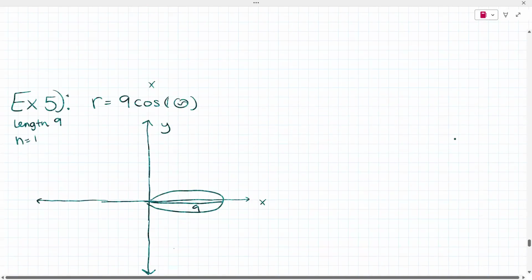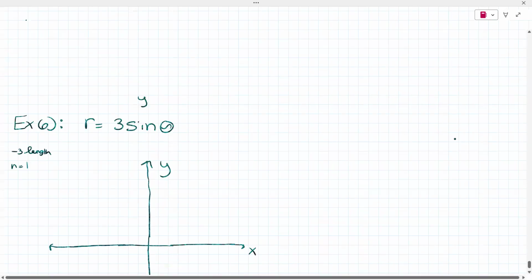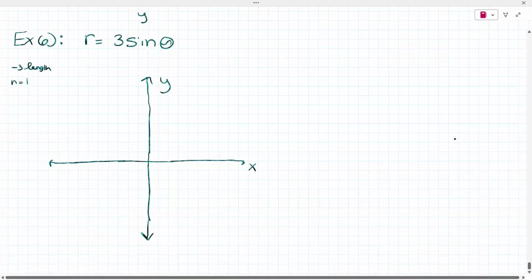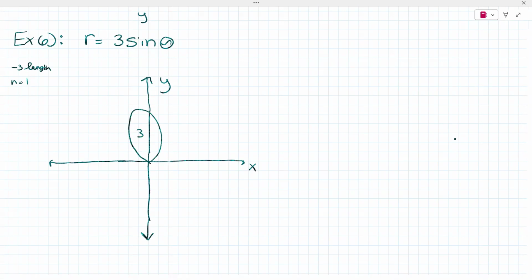Because cosine is x, right? This is related to cosine, so that will be on the x-axis. And ours has a sine, so it's going to be on the y-axis. So it would look something like this. Okay.